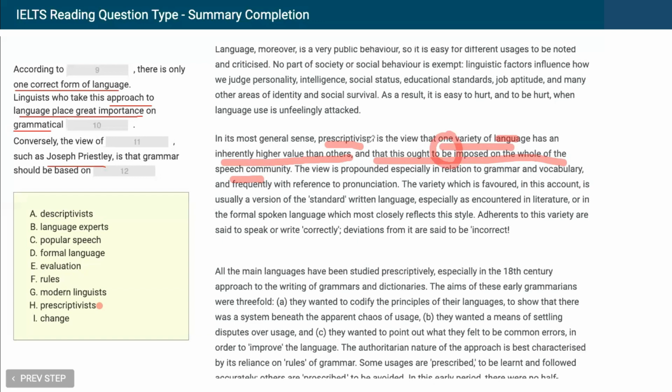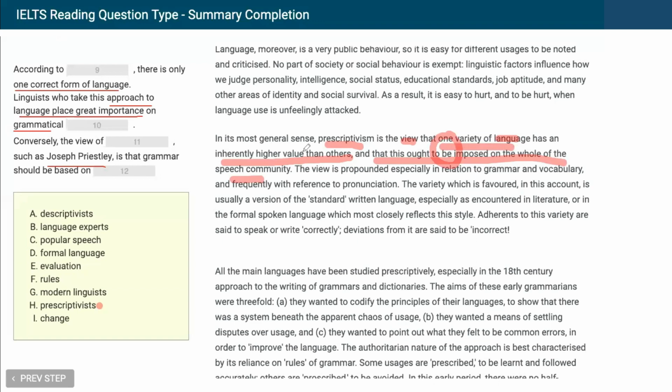The wording is even different for prescriptivism and prescriptivists, because here we're looking at people, here we're looking at the idea or the view. However, this would prove number 9 as correct if we put in prescriptivists, because according to the people who believe in this idea of prescriptivism, there is only one correct form of language. Or in other words, there is one variety of language that has an inherently higher value than others.